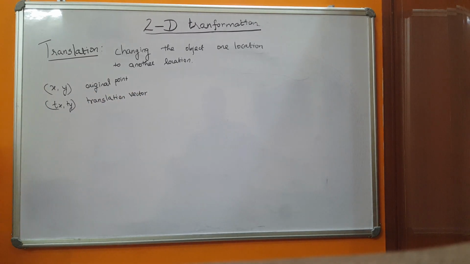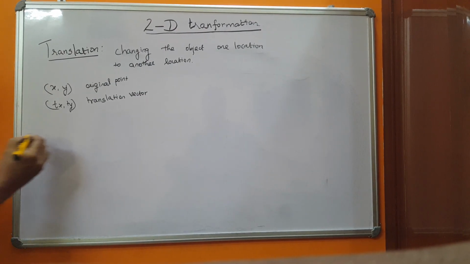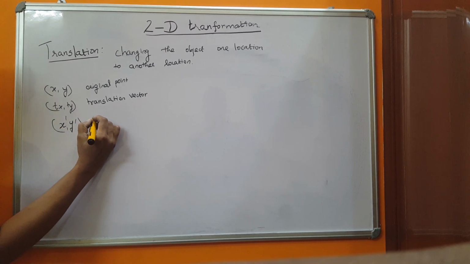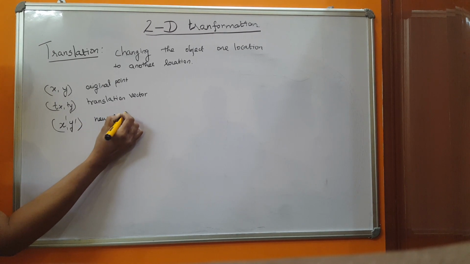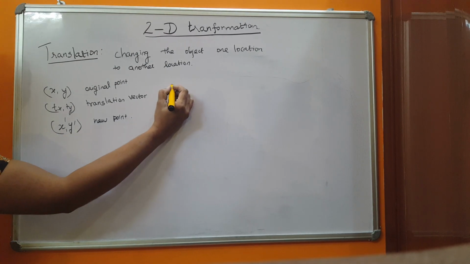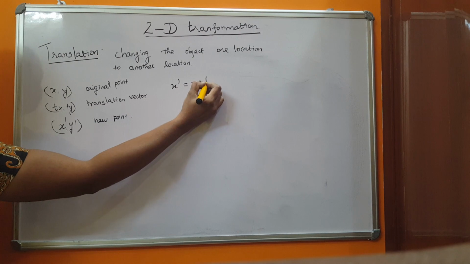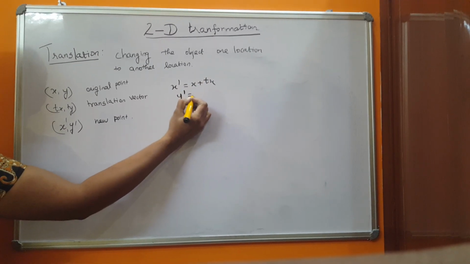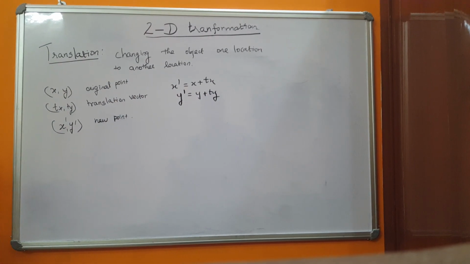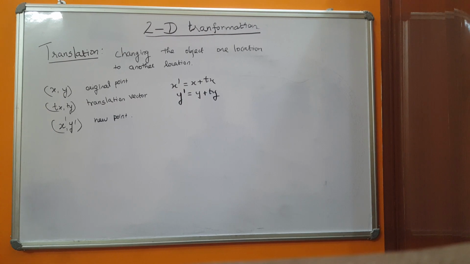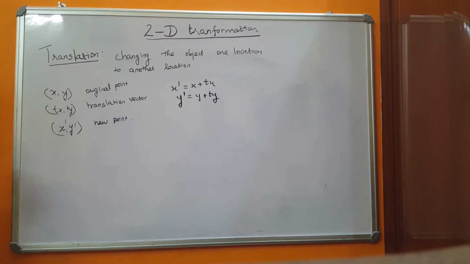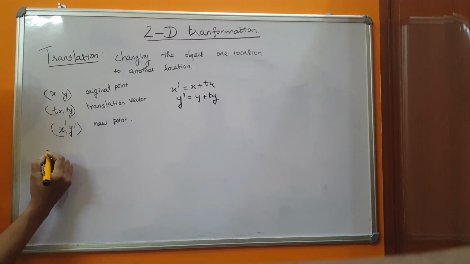Those tx and ty is added with original point to get a new translated point. The equations for translation is x dash equal to x plus tx, y dash equal to y plus ty, where x dash y dash is a translated new point, xy is a original point, tx and ty is a translation vector.